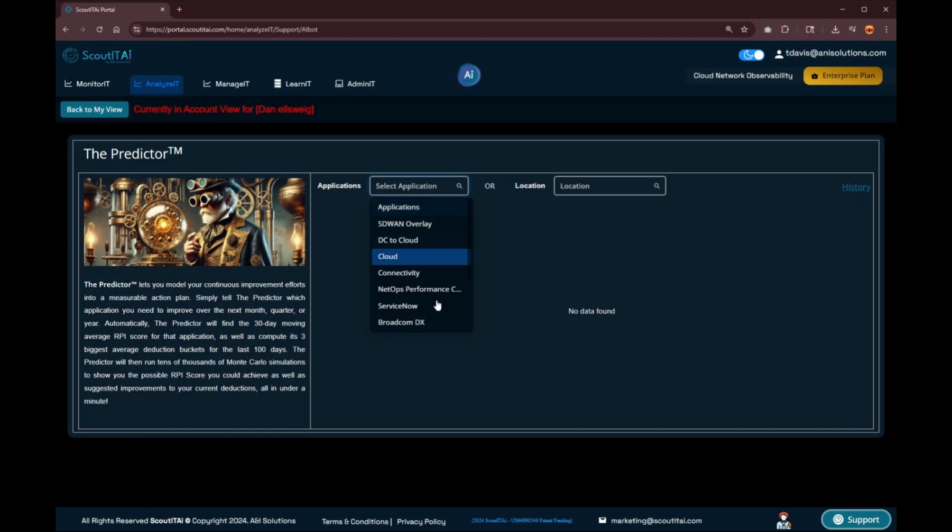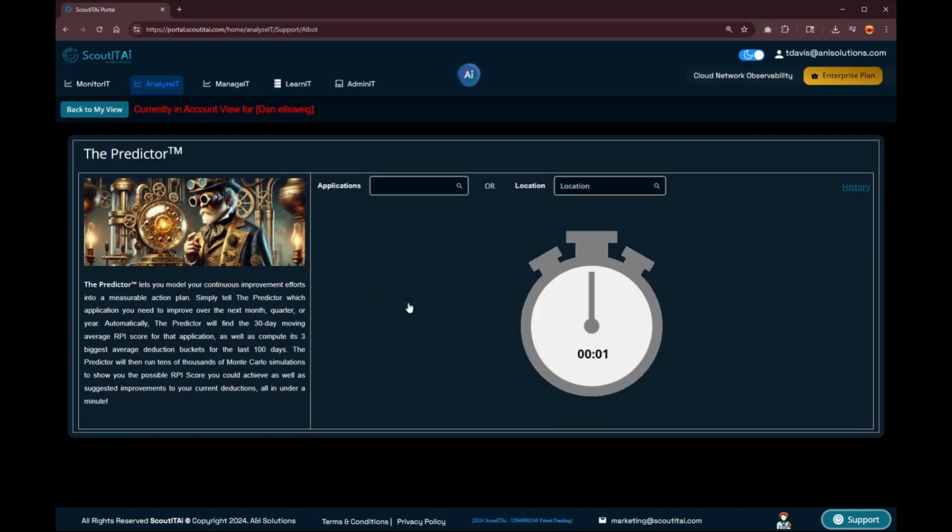I'm going to go ahead and start one now. Let's stick with ServiceNow since we were doing that before. The predictor goes out there and starts running. He's autonomous in that he can pick, based on the data, how many simulations he thinks he needs to run.